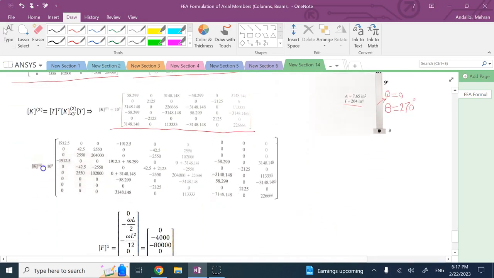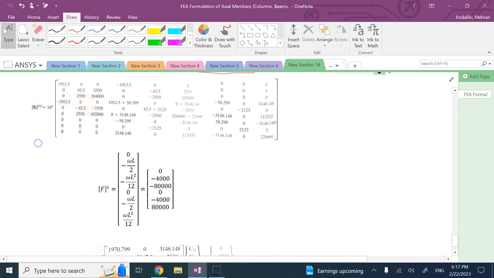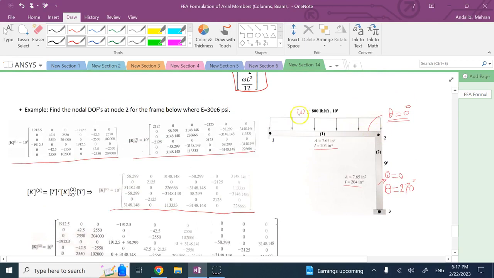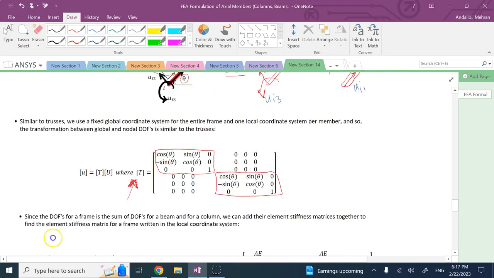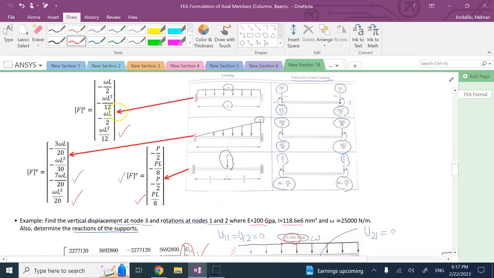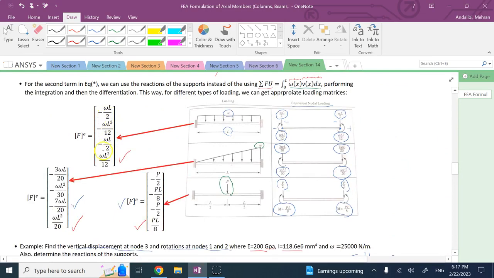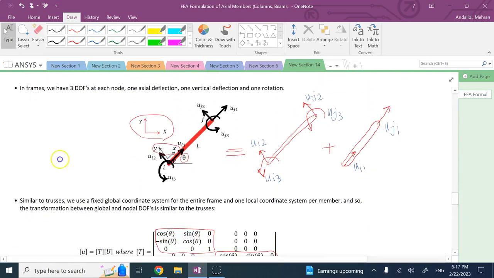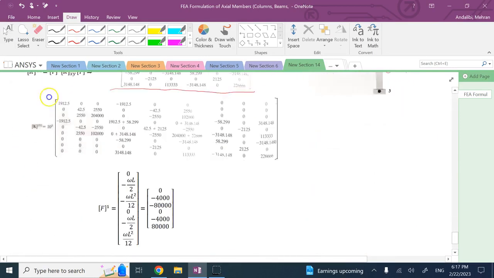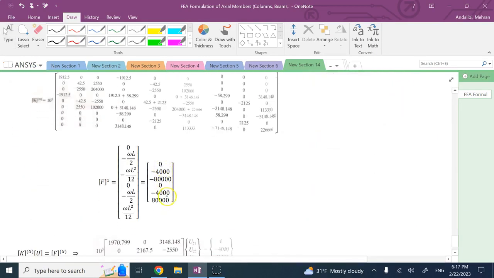Now for the loading matrices, for element 1, since there is no horizontal force and the loading is basically uniform, we're going to use this formula here that we learned already. Except for the zeros that we add, it is going to be basically this, and we have the numbers for omega L over 2 and omega L squared over 12.